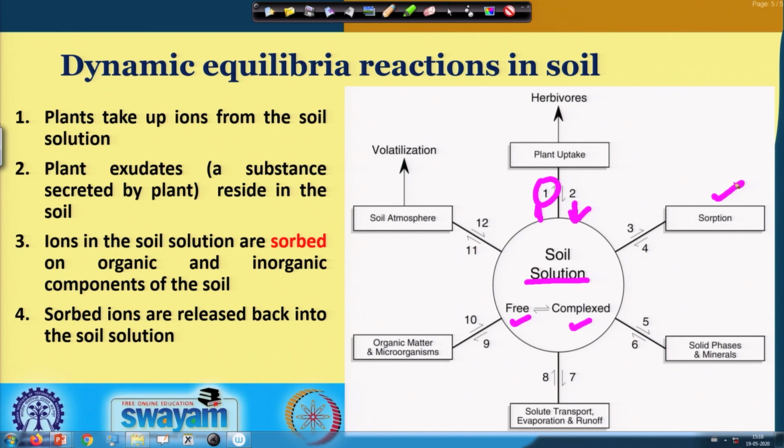So, the ions in the soil solution get sorbed on different organic and inorganic components of the soil, and these sorbed ions are also released back into the soil solution. So these are the first 4 pathways.